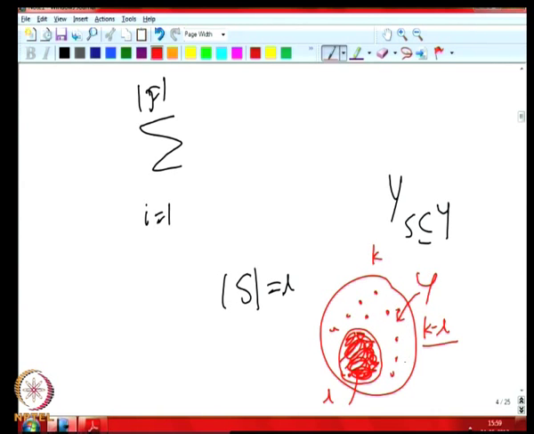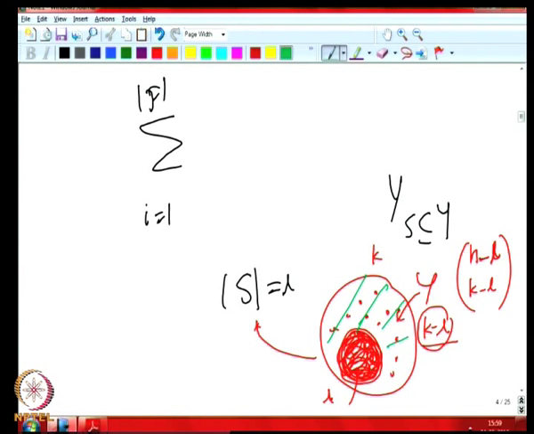Now there are a total of n minus L remaining elements because the universe has n elements and we have already fixed the L elements corresponding to this S. Out of that we have to take these K minus L elements. So this portion can be decided in n minus L choose K minus L ways.